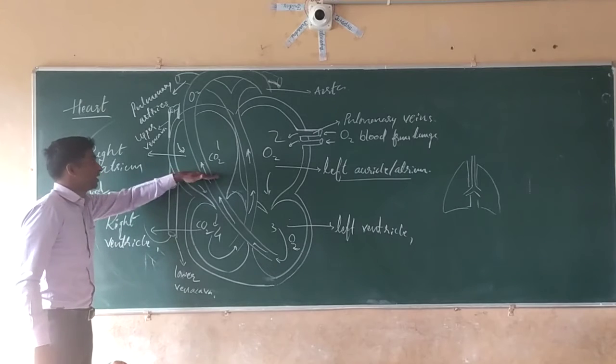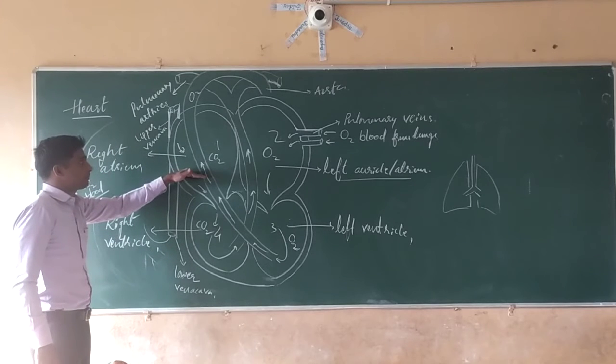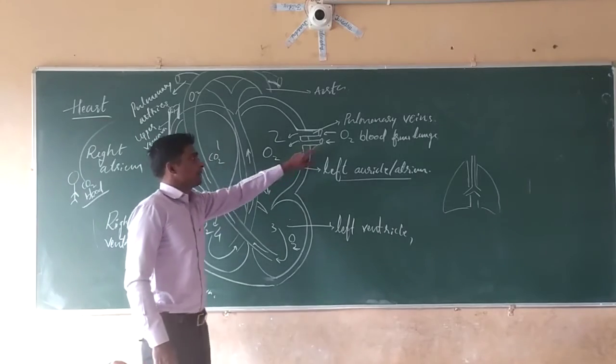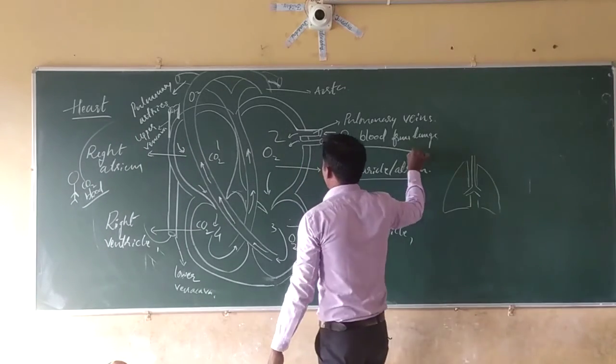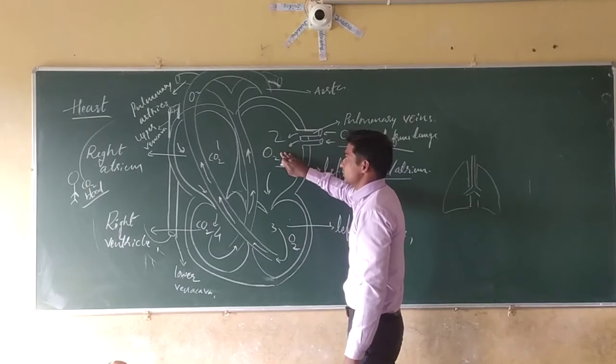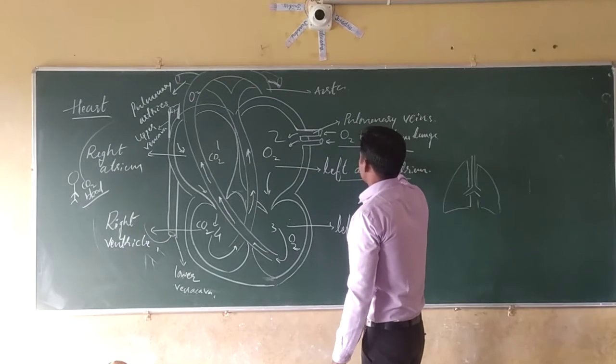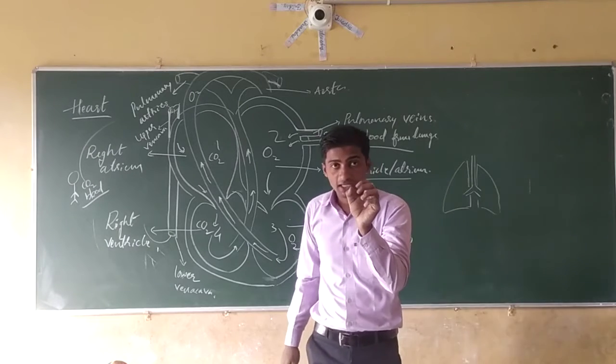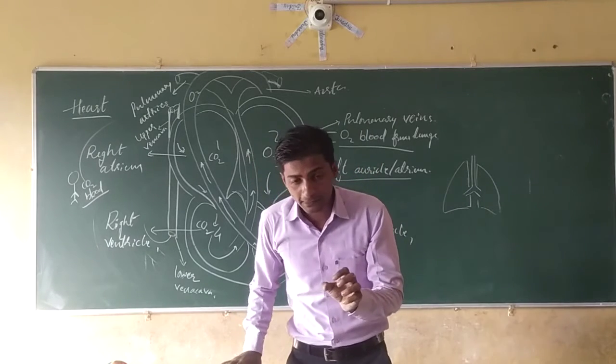First, it will enter the right atrium. And next, at the same time, the purified blood, oxygen-rich blood, will enter the left atrium. When it shows contraction and relaxation, see what happens.